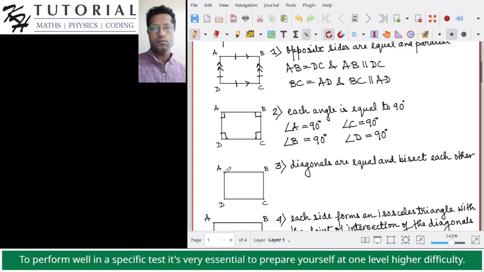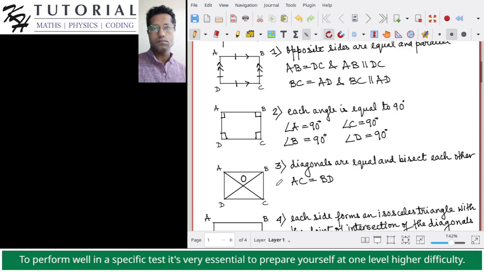So if ABCD is a rectangle, we have the diagonals AC and BD. Let these diagonals intersect at the point O. Since the diagonals are equal, we must have AC equal to BD.